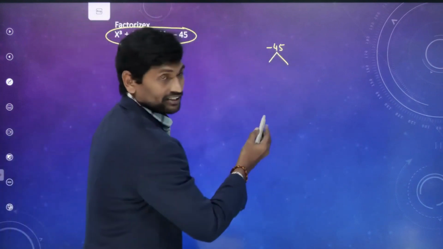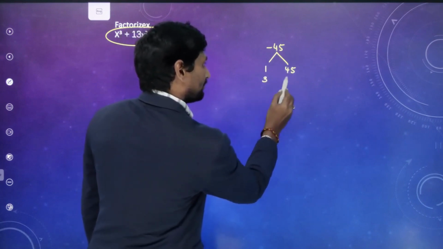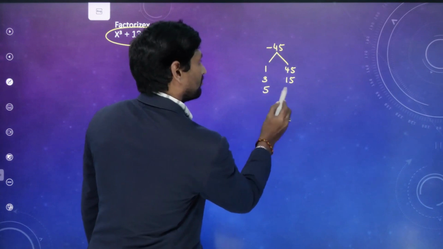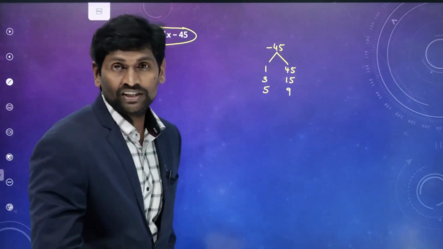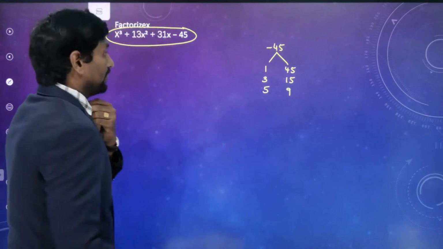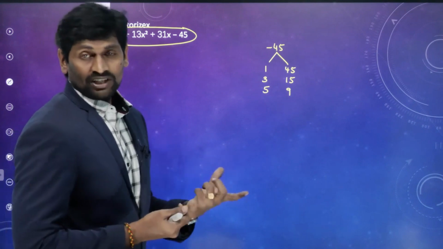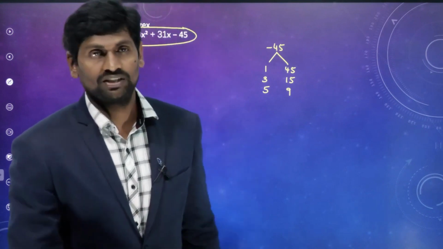Let us write the factors: 1 into 45, 3 15s, 5 9s. So there are 6 factors, and with plus or minus symbols, a total of 12 factors. We need to substitute one by one to get one of the factors, then we can use synthetic division to identify the remaining 2 factors.